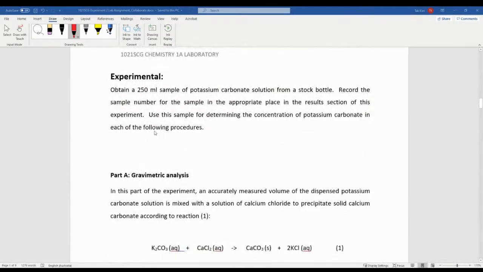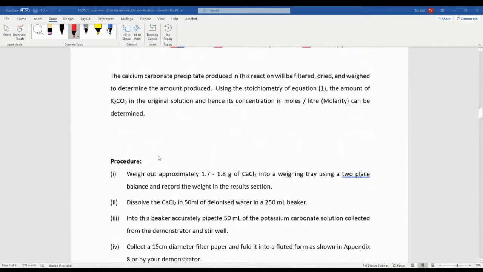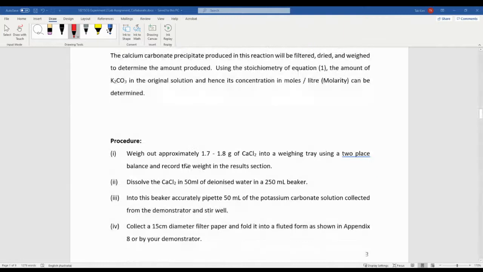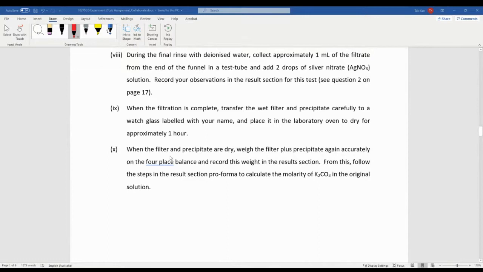Anyway, please read everything before you start your lab assignment, because you will have to take some experimental parameters for your calculation. Otherwise, you won't be able to complete your lab assignment accurately. If your answer is not entirely correct, I assume your numbers should be within plus minus 10% accuracy.